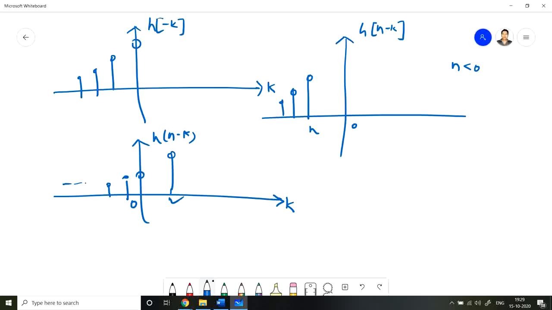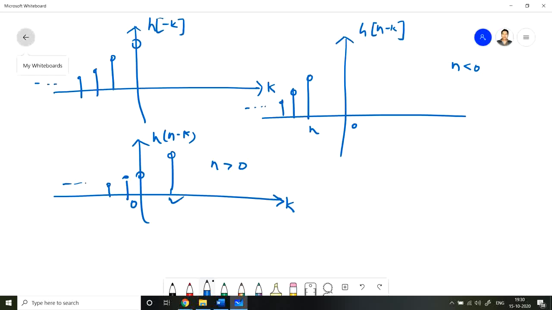So this is our graph of h[minus k]. This is h[n minus k] when n is less than 0, and this is h[n minus k] when n is greater than 0.